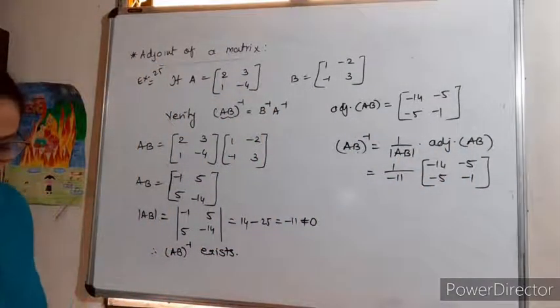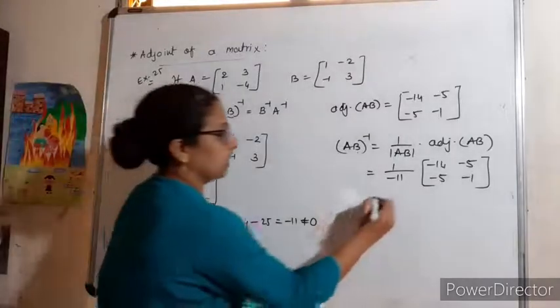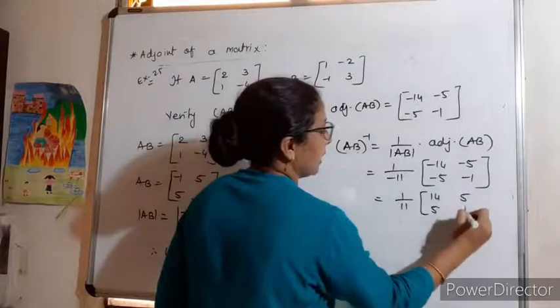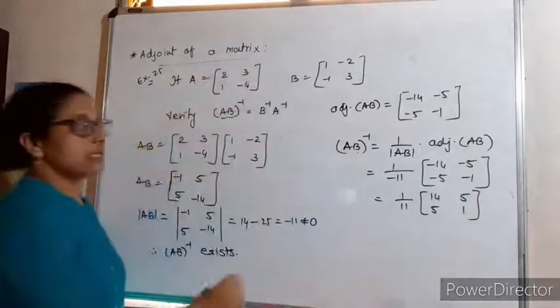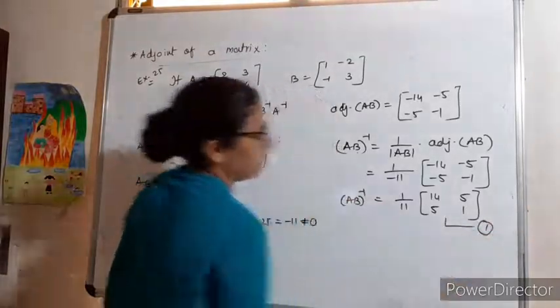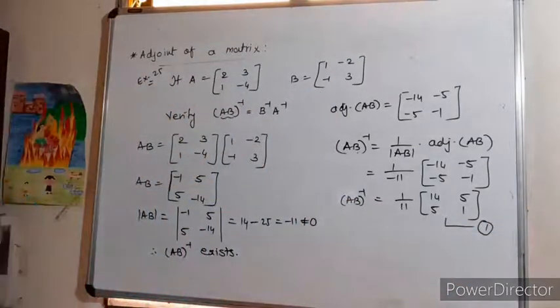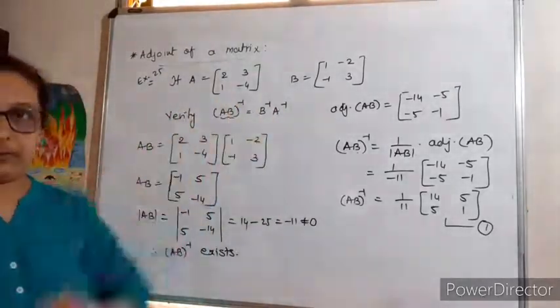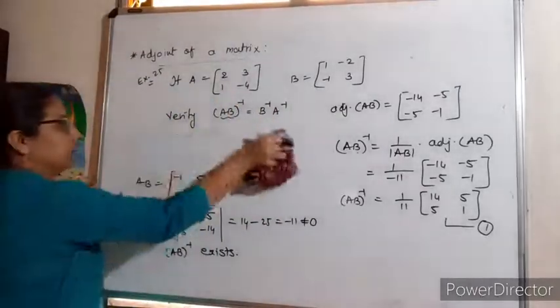So you will get the answer as 1 upon 11, 14, 5, 5, 1. This is AB inverse, number 1.